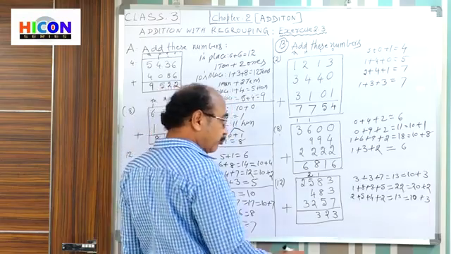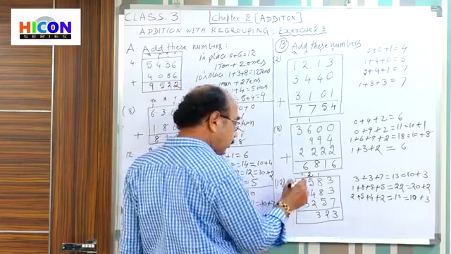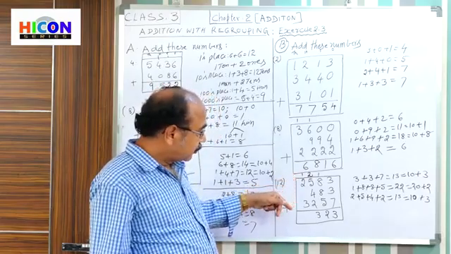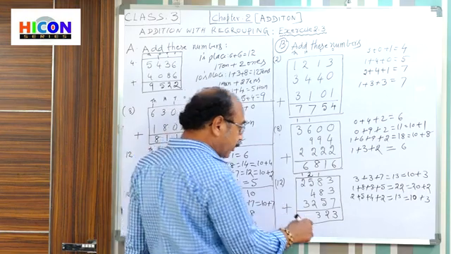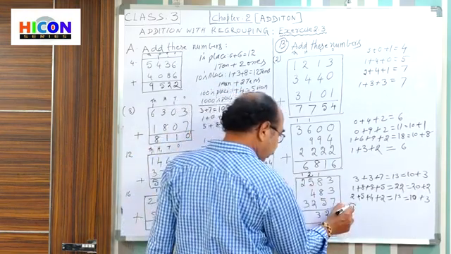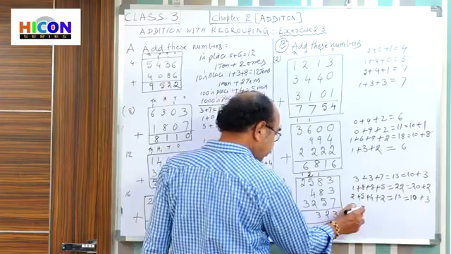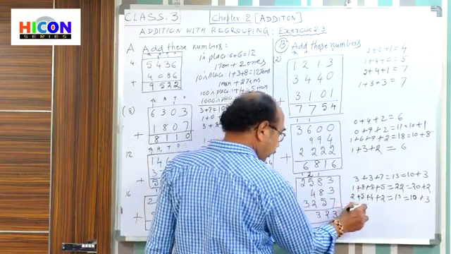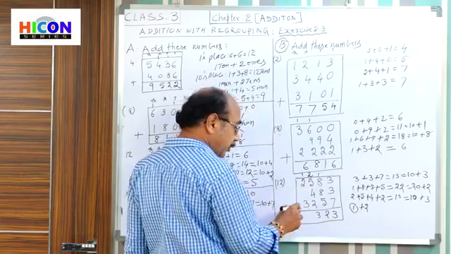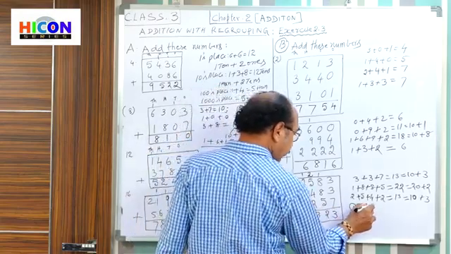That's why we write 1 in the thousands place. Carry 1000. Now add the digits in the thousands place. So 1 is the carried 1000 here. Plus here 2 thousands are there in the first number. In the second number, no thousands. In the third number, 3 thousands are there.